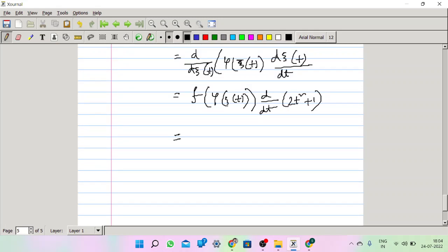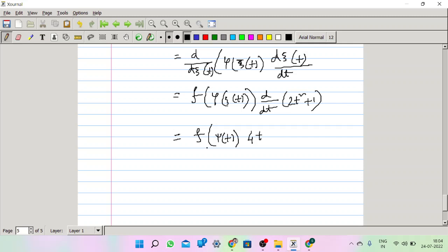Now f of xi t is the same as f of phi of xi t, which is the same as f of psi t, because psi t is defined as the composition of two functions, and d/dt of 2t square plus 1 is 4t. So I get a t into f of psi t.